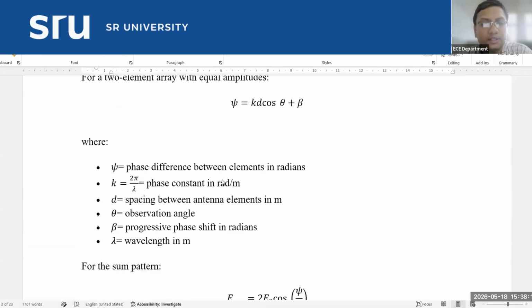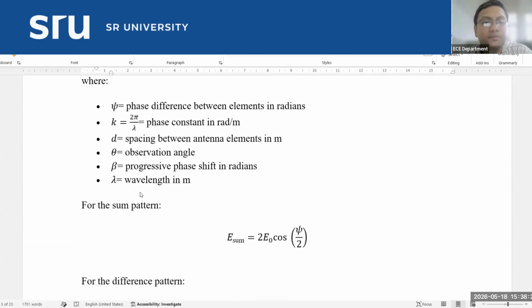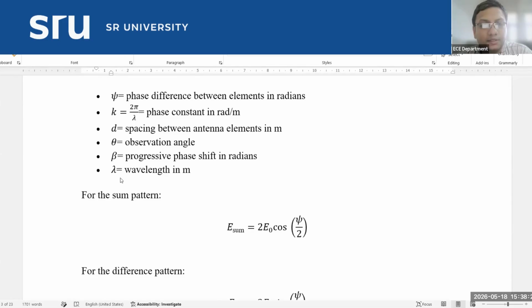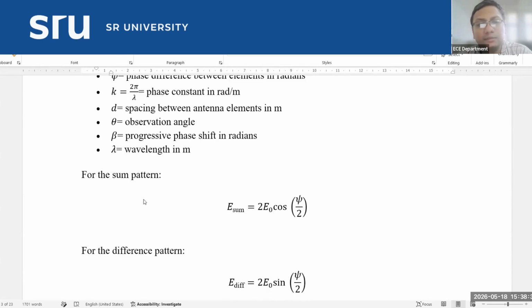This is called the spacing between the two antenna elements, and theta is the observation angle. Beta is the progressive phase shift in radians, and lambda is the wavelength in meters.